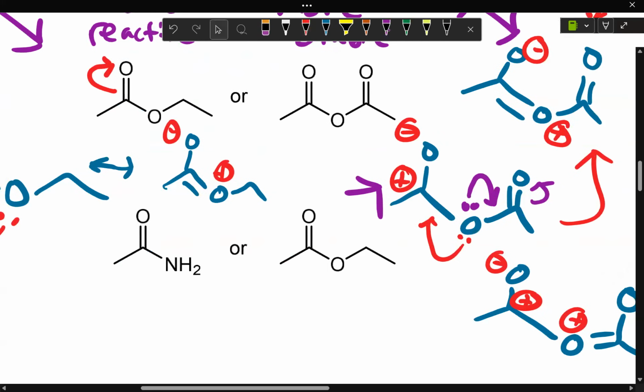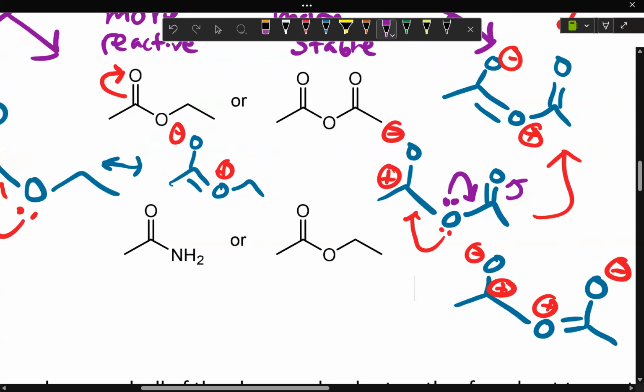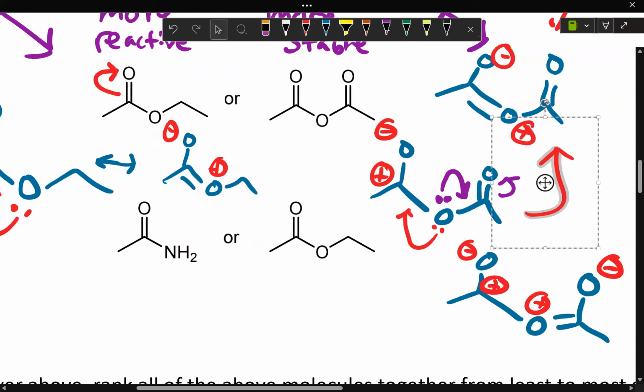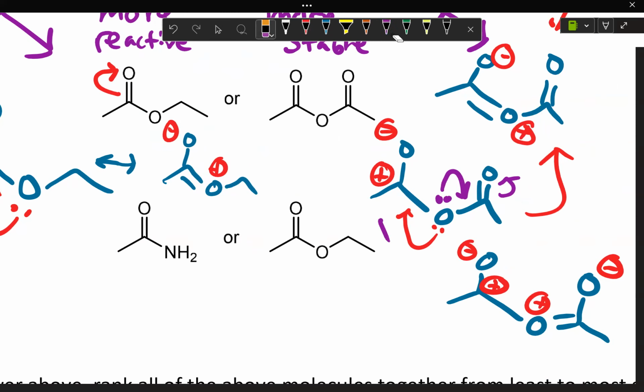We don't want to stabilize this right side of the molecule, only this positive charge. By the anhydride having the ability to go to the other side, this oxygen is also doing resonance on the right side, even though we only want it to do so on the left side.